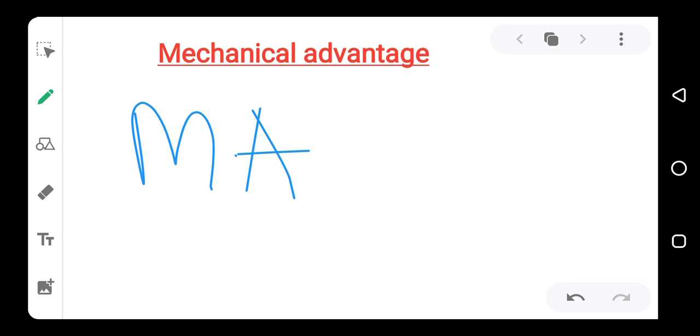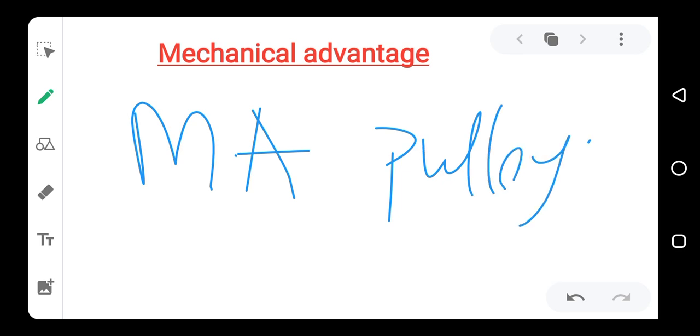Then you should know that pulleys, wheel and axle, inclined plane, gears, and screws are also examples of simple machine.